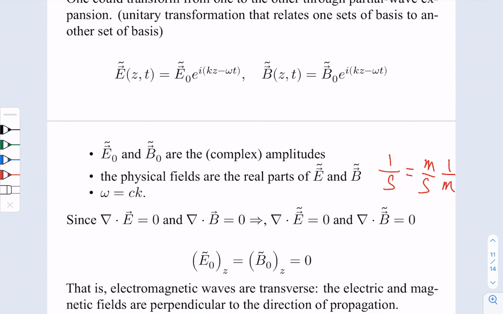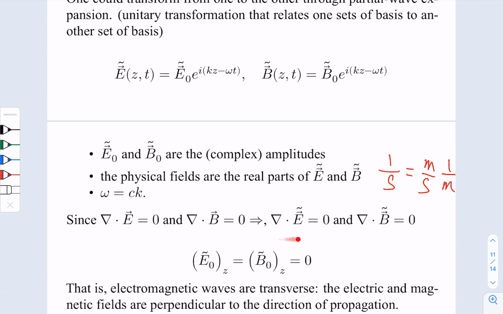Otherwise, because the second factor actually generates a function of k times the exponential of i(kz minus omega t), this function cannot be 0 unless the amplitude in front is 0. So the amplitude along the z direction must be exactly 0.